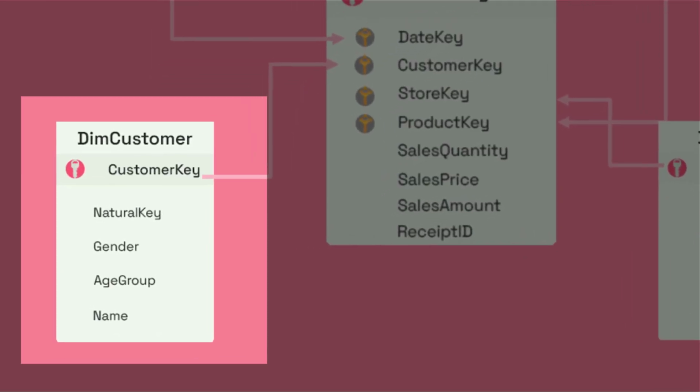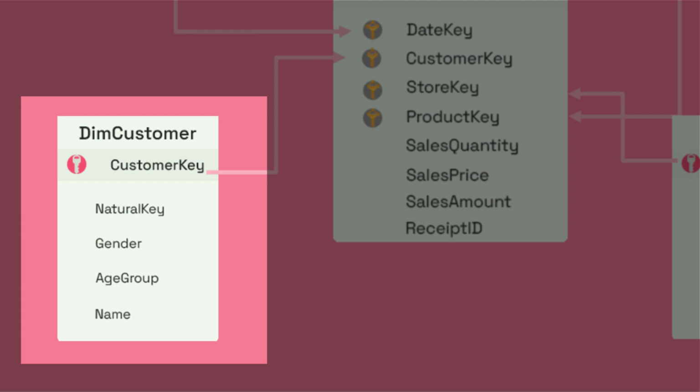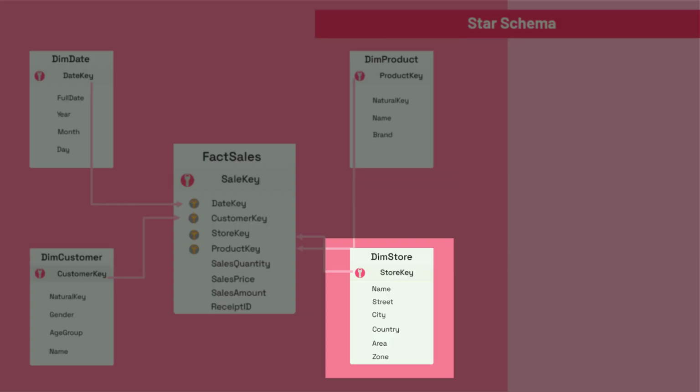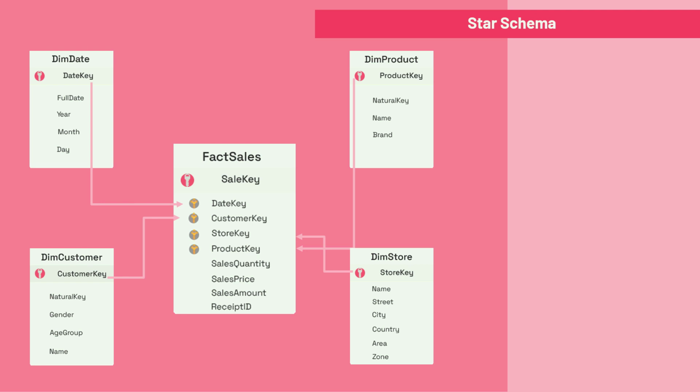Now we've put the customer table here too. Of course, when we say that the fact table is in the center and the dimension tables are placed around it, we mean it in a logical way, and it's not necessarily physically the same way. That's just what we say to better understand the concept of the work.